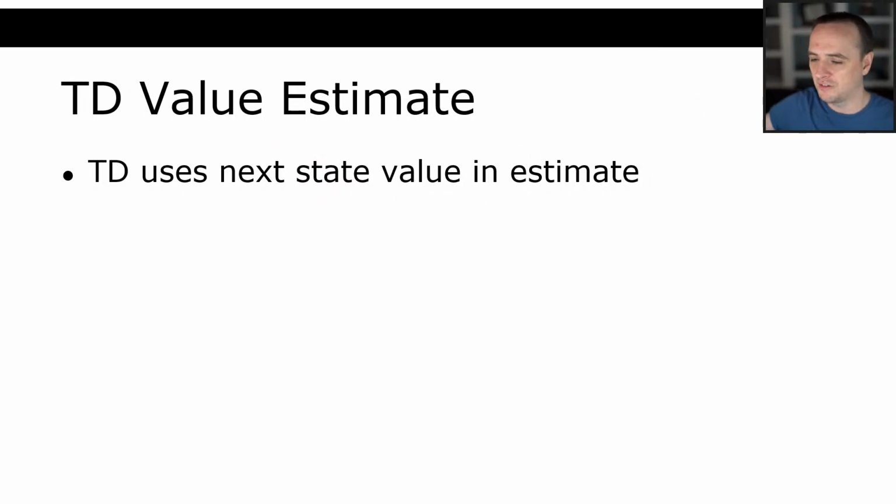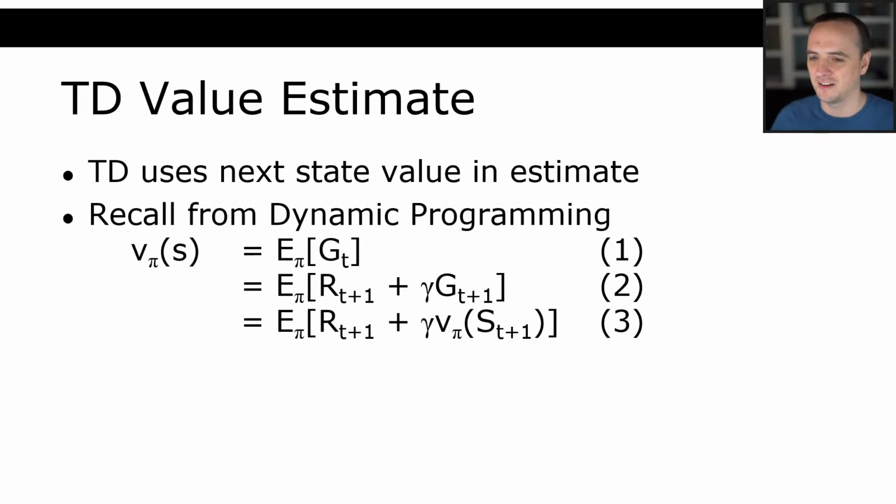And if we recall from way back in the lecture about dynamic programming, we had these values, right? The value of a state given a policy is equal to the expected value of the return following that policy. We also saw, through some derivations, that that was equivalent to the expected value of the current reward plus the return at the next state, right?